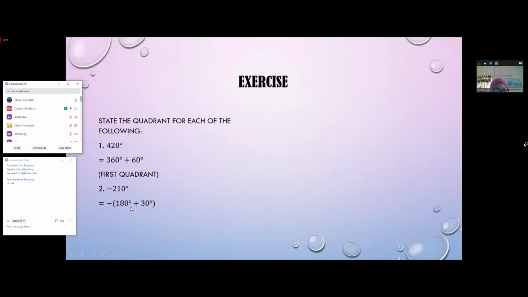So 180 is already at the third quadrant, plus 30, so the position is in the second quadrant. Do you understand? Any question on this? This is only to determine in which quadrant the angle is. Is it okay?